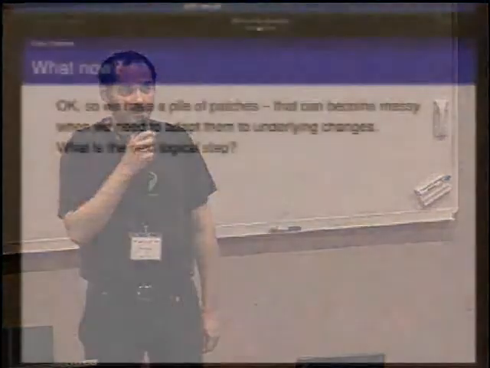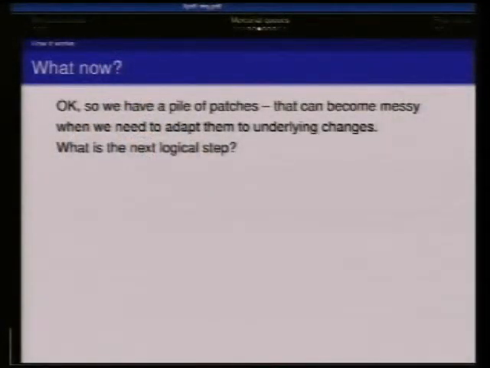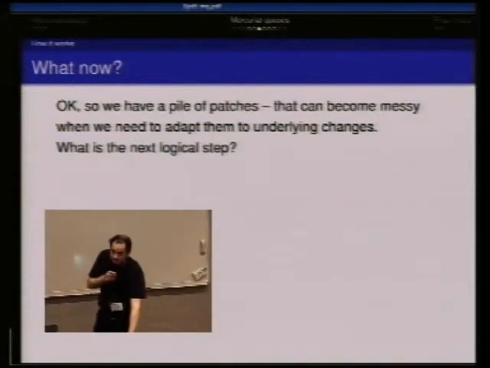And it's not very much. I mean, you could have used Quilt for that. Now, and this is where Mercurial comes into the game. Because, as I said, you get a pile of patches, and that's it. So what's the next logical step to do? Any guesses? No?